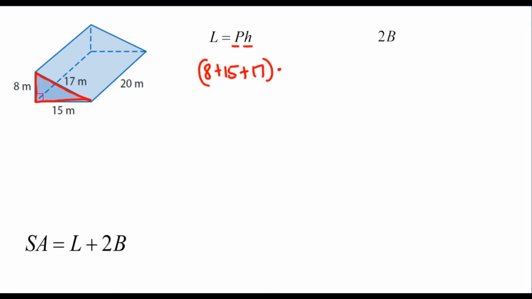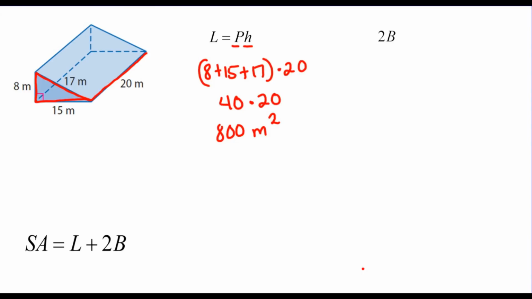And then I'm going to multiply that by the height of the prism, which is 20. So 8 plus 15 plus 17 gives me 40 times 20. So if I unfold this shape, I'm going to have a 40 by 20 rectangle, and that gives me 800 square meters. We'll make sure we're labeling that squared because we're talking about area now.